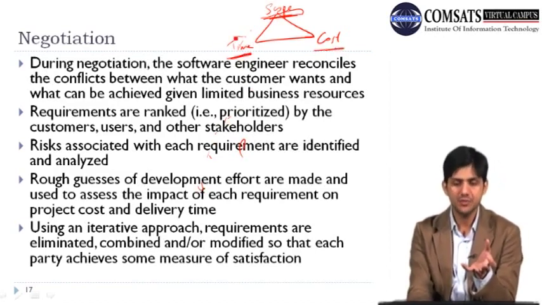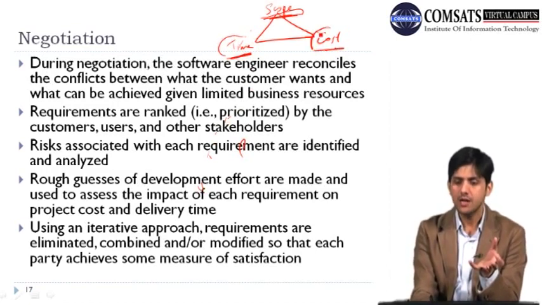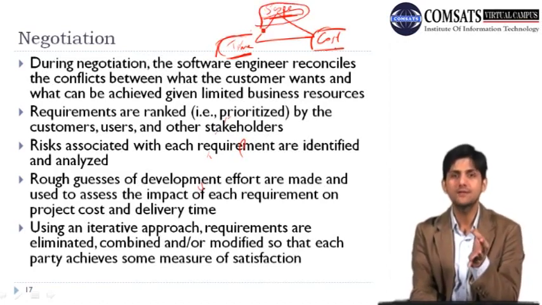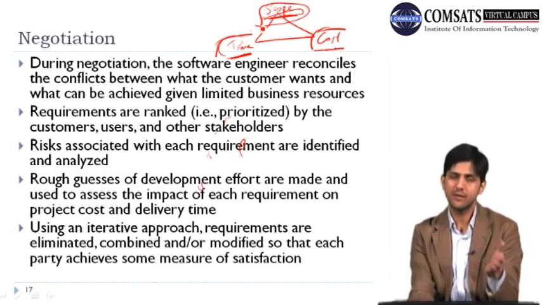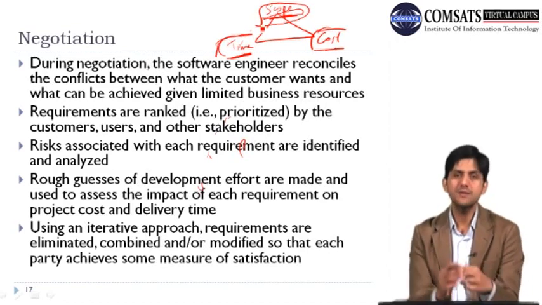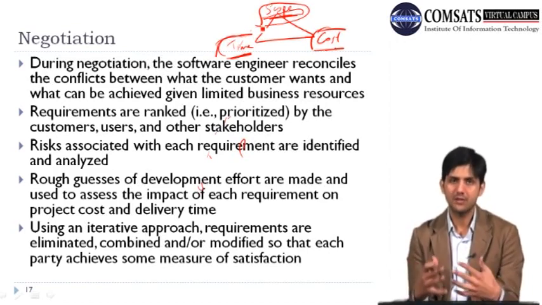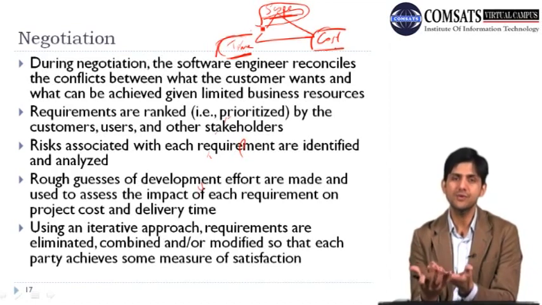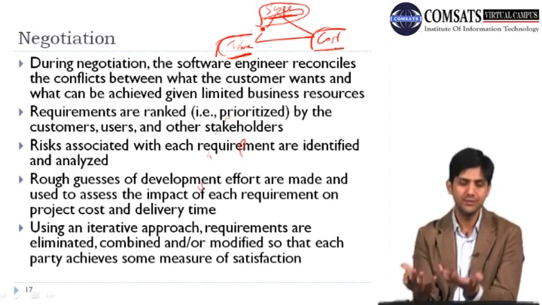So we have limited resources, so we need to think about these things, and we need to come up with a scope which everybody is happy with, all the stakeholders are satisfied. That is what negotiation is about: trying to strike a balance between your resources and what you have to do.